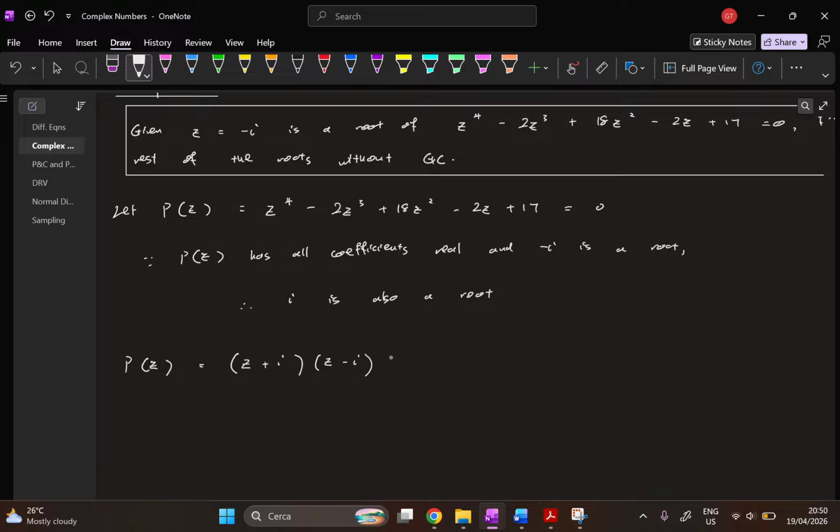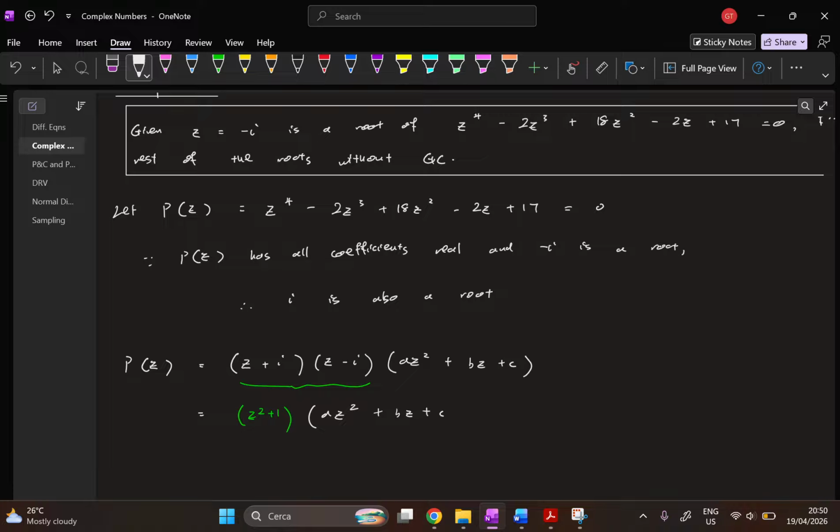Different teachers will write in different ways, but I'm just going to use the way that most of you have probably been exposed to since sec 3, sec 4, which is I write the unknown quadratic factor as az squared plus bz plus c. Obviously you combine these two linear factors, and I will get z squared plus 1 times this. So once again, go back to your basic sec 3 work.